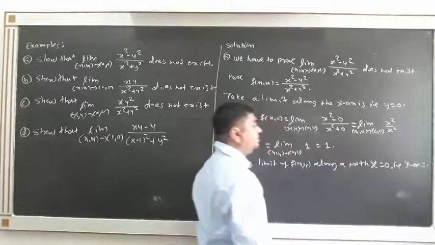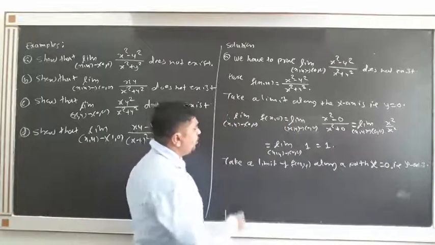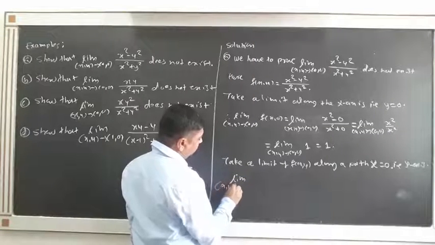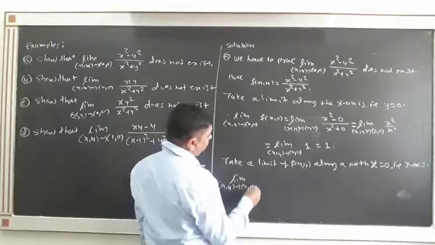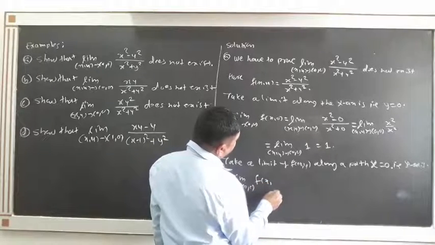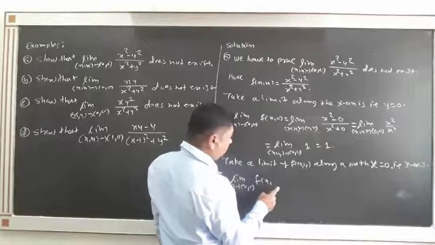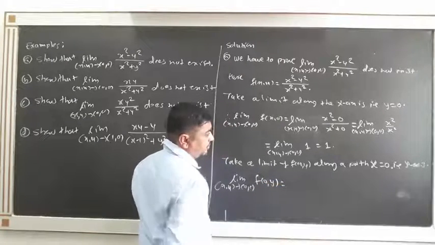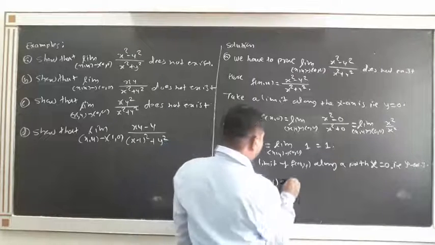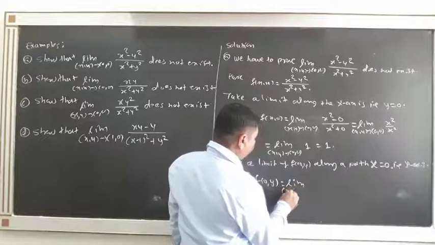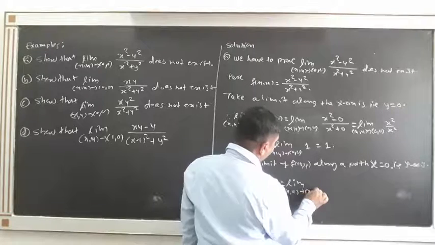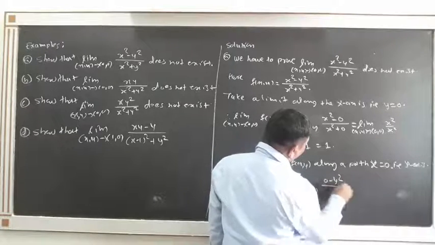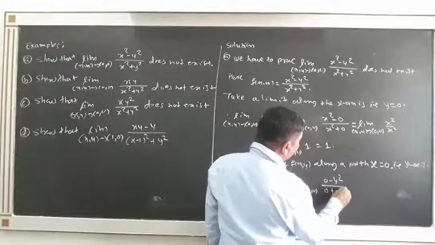Then the limit as xy tends to 0 0 of f of 0y is 0 minus y square upon 0 plus y square.